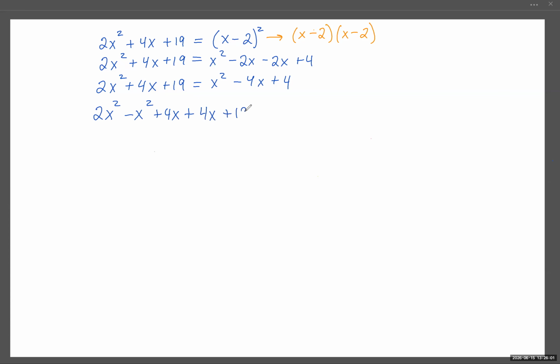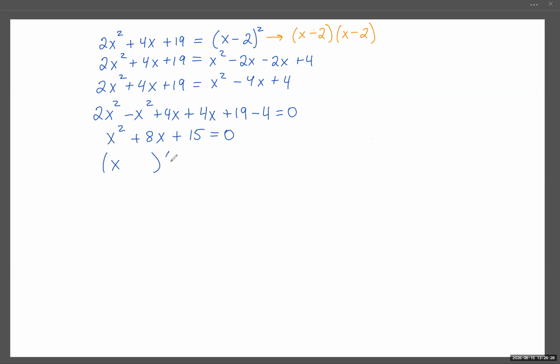Then I have plus 19, that's already on the left, and then plus 4, that's going to become negative and go back to the left. Like terms: 2x squared minus x squared is just x squared. Then plus 4x plus another 4x is plus 8x. And then 19 minus 4 is 15, equals 0.